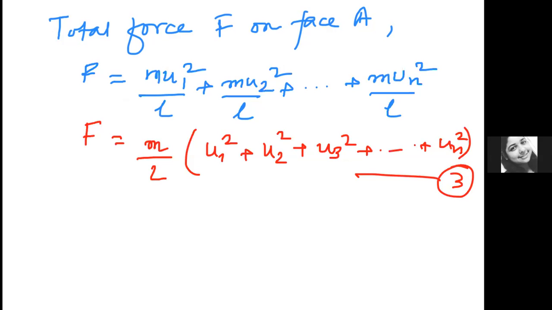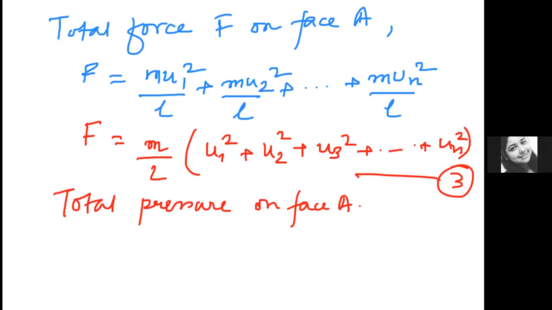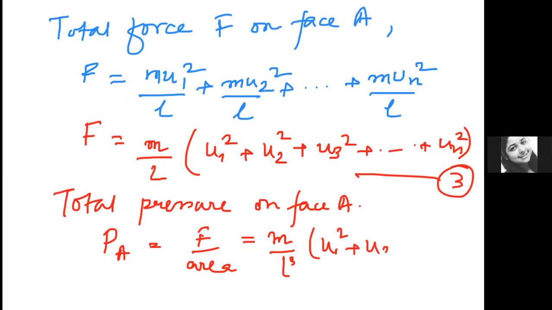Now from this we can find out the total pressure on face A. So how will we determine that? We know from the formula that pressure is force upon area. So we'll have M by LQ and U1 square plus U2 square plus dot dot dot plus UN square.